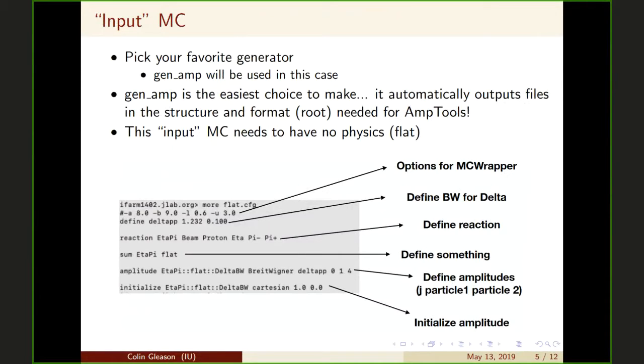Everything to the right of that comment sign doesn't get interpreted by the amp tools generator, but MC Wrapper will copy that string and put it in the call. So if you want to know how to read this part of the file, this is defined in the amp tools reference manual, which is under development.